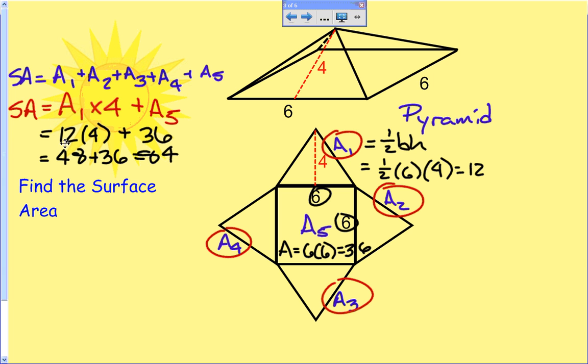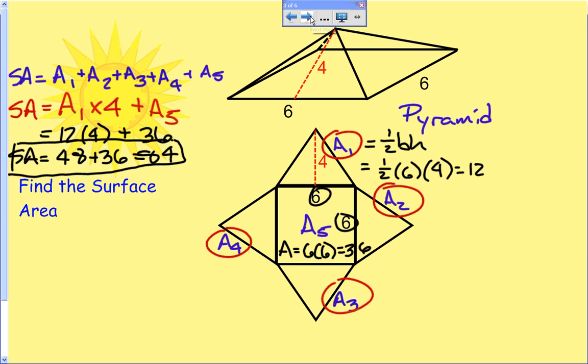My surface area is 84. So this is our answer to the question, find the surface area. Again, you're just finding the area of each piece that makes up the figure and adding them all together. But we shortcut it by looking for pieces that are the same.